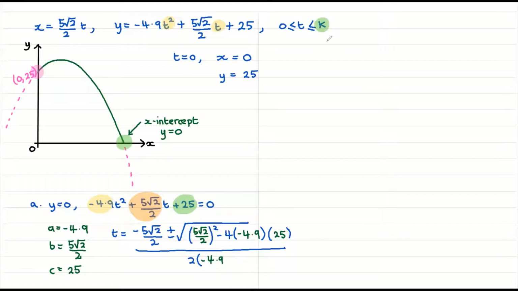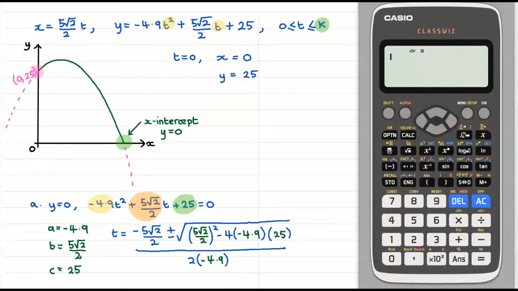Okay, so we've got the working out complete. Right, so at this point, you'll think, that's quite a lot to plug in. So we get our ClassWiz, and we're going to use the equation solver. Just to recap, go to menu on your ClassWiz, use the arrow key, go down to x, y equals 0, that's the equation and functions.